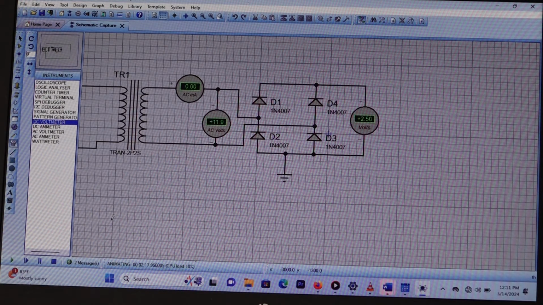So in that rectifier unit, how many diodes do we have? 4 diodes. How many diodes conduct at a time? 2 diodes will be in forward bias and 2 diodes in reverse bias. What is the potential barrier of a silicon diode? 0.7 volt. If you have 2 diodes in series in forward bias, 0.7 volt plus 0.7 volt makes what? 1.4 volts.